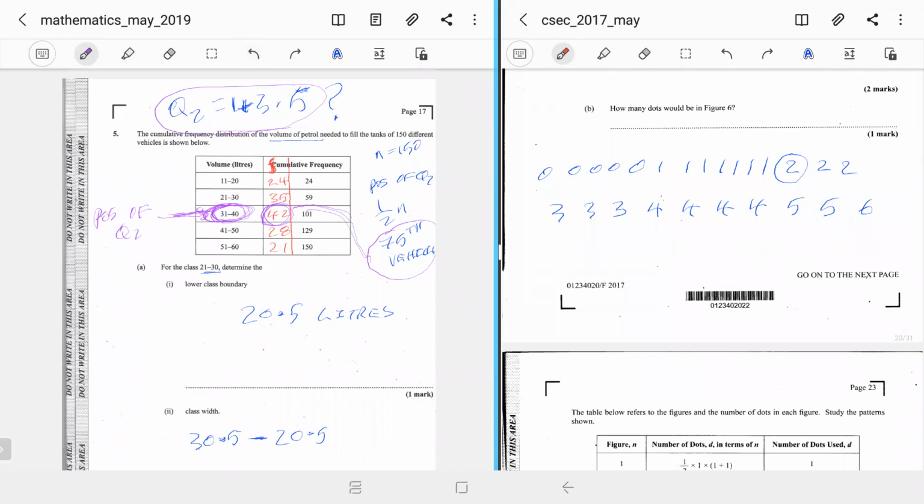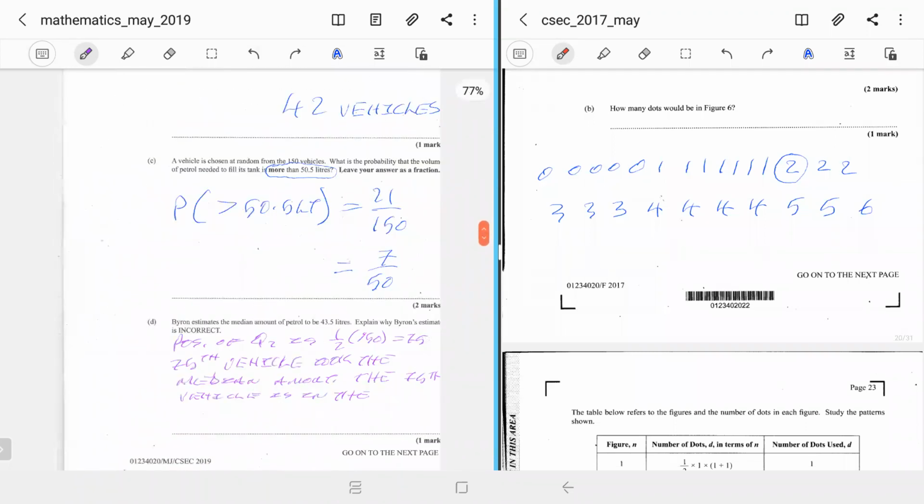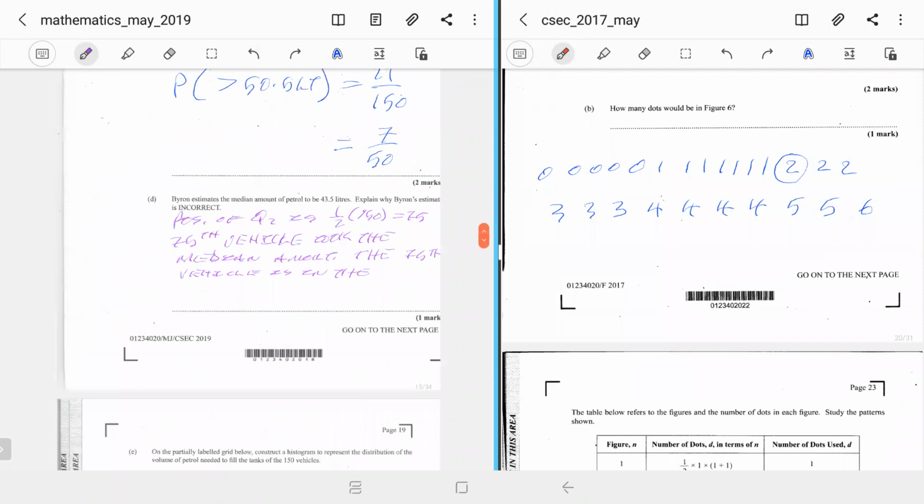All right? The 75th is in the 31 to 40 liters class. Therefore, 43.5 liters is not the median. Okay?